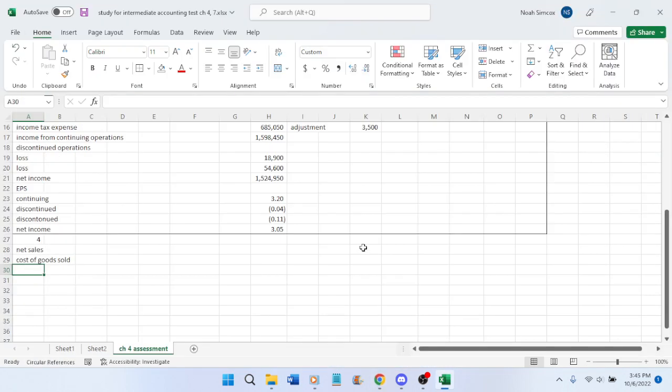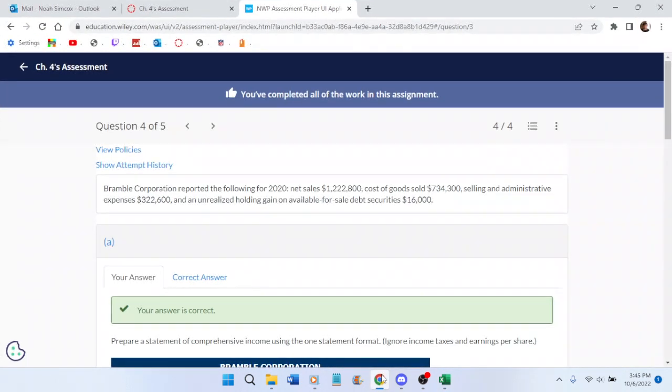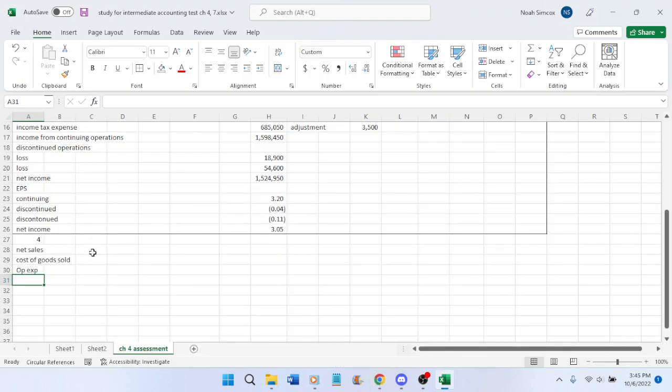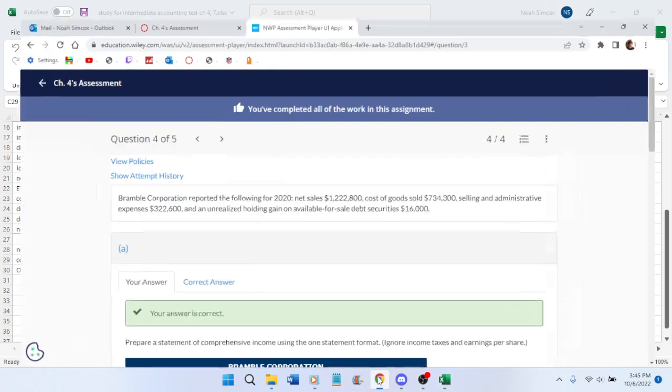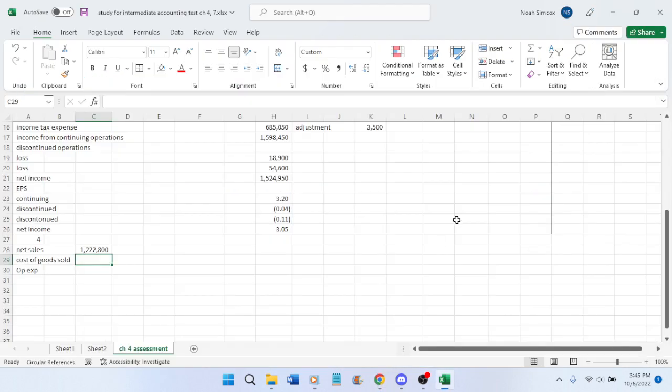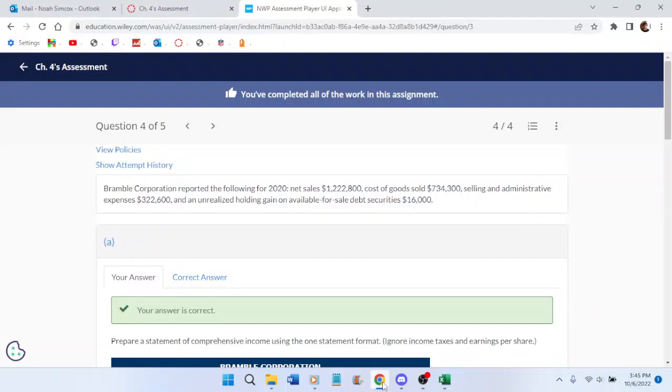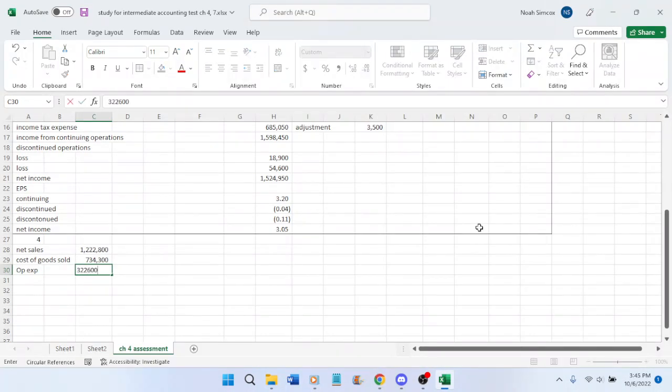Selling and administrative expenses, which is operating expenses. Okay, we will ignore that one for now. Net sales is 1,222,800. Cost of goods sold 734,300. 322,600.